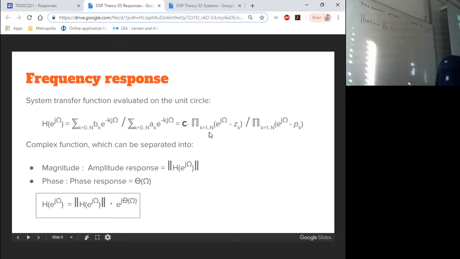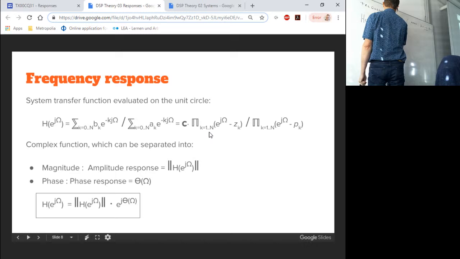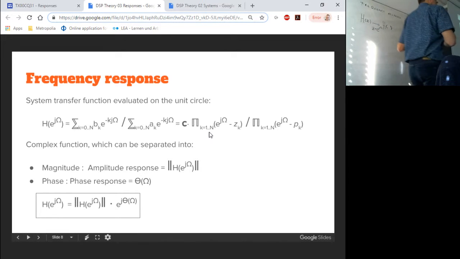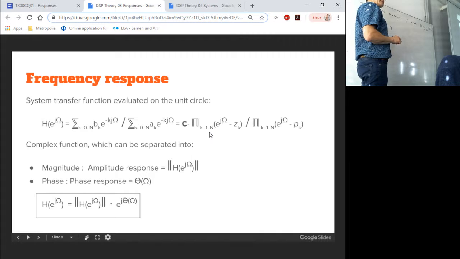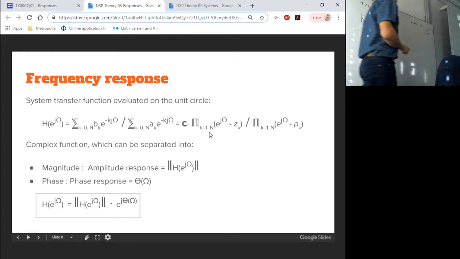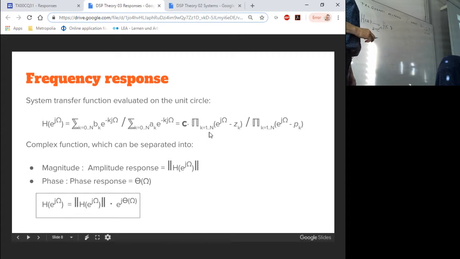Digital frequency is a little bit different from the analog frequency. So basically, we replace z with e to j omega. That's the angular frequency for sampled systems, not the physical frequency. Here we have omega is just 2 pi f. But in the frequency domain, this omega is unitless.